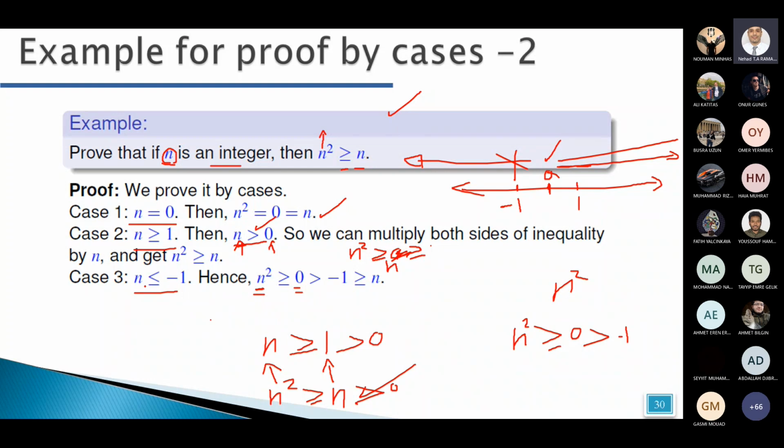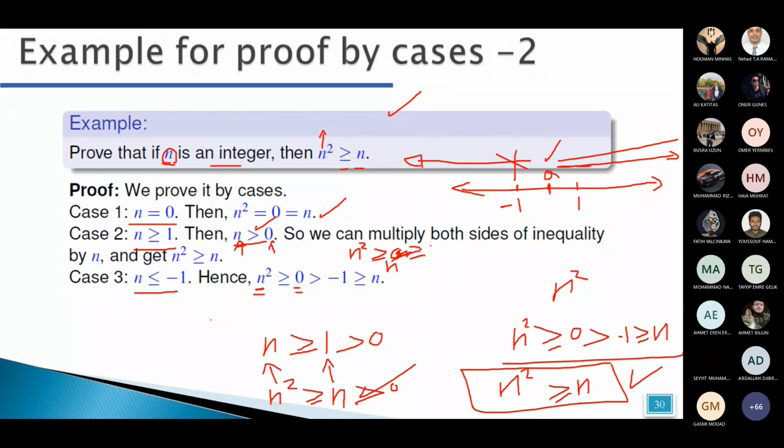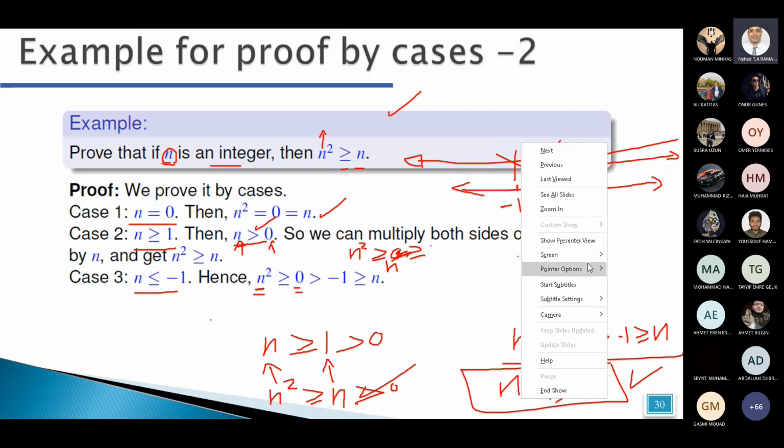And we said that n is less than or equal minus 1, so minus 1 is more than or equal n. In this case, n to power 2 is more than or equal n. So we proved it.